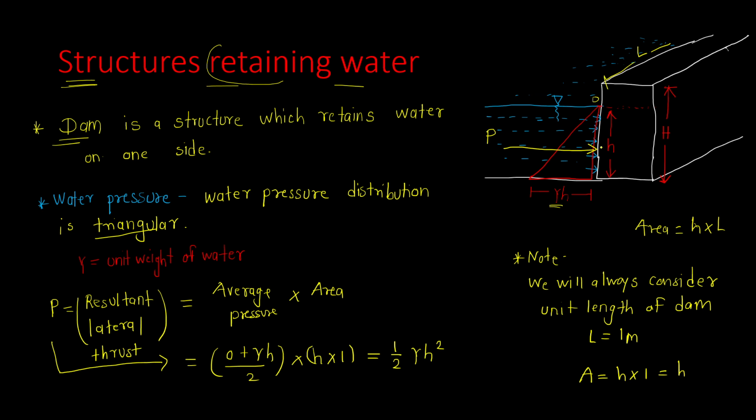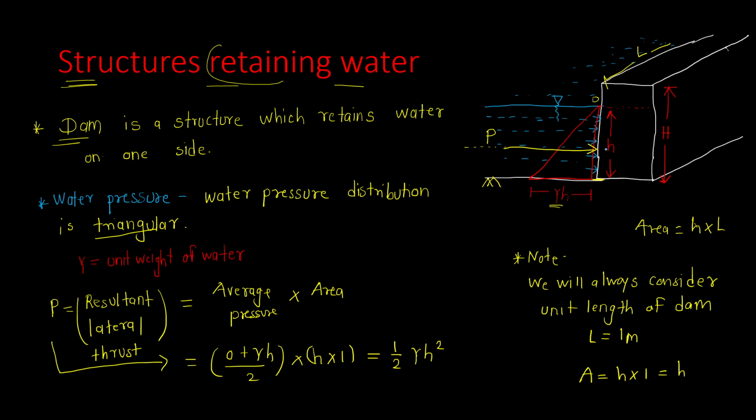Now the second question is at what distance it is acting from the base. This is the base level. From the base, what is the height of the resultant lateral thrust? We can clearly see that this is a triangle. For a triangle, the centroid acts at a distance of 1/3 of the total height from the base.